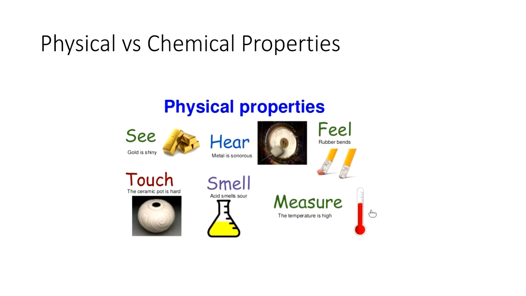Now, chemical properties are those properties that we are going to use to identify a matter, but to identify that property, the substance has to chemically react with another substance. And that means it has to change the composition or the initial identity.